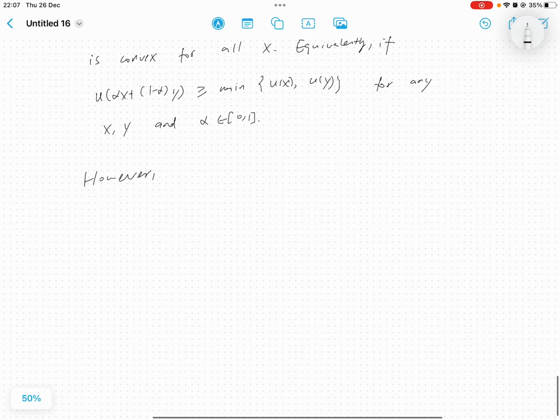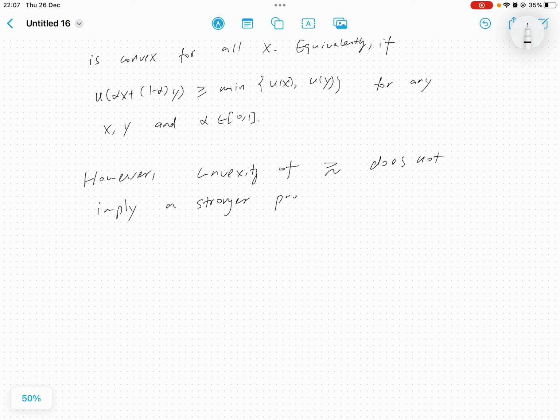However, convexity does not imply a stronger property, concavity, for utility.